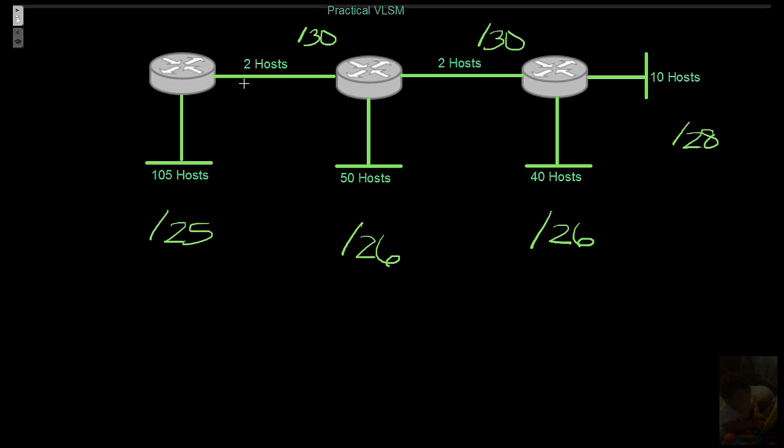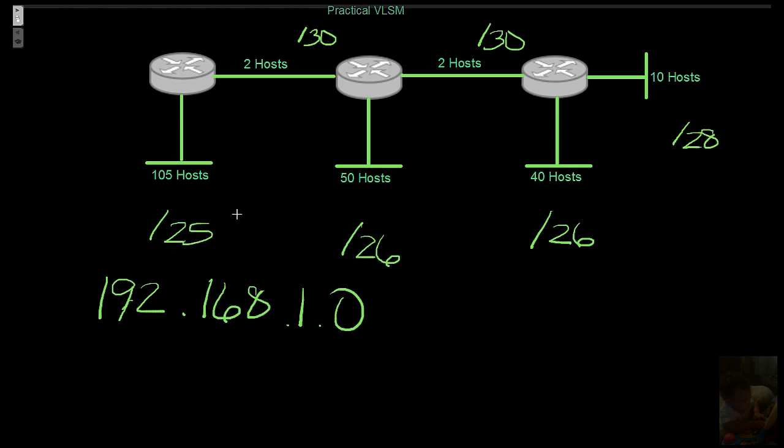Remember, initially, we were going to break this guy out to a /22 to be able to accommodate all of the hosts, just because of the divisions that we were creating of /24s. Instead, we started with 192.168.10.